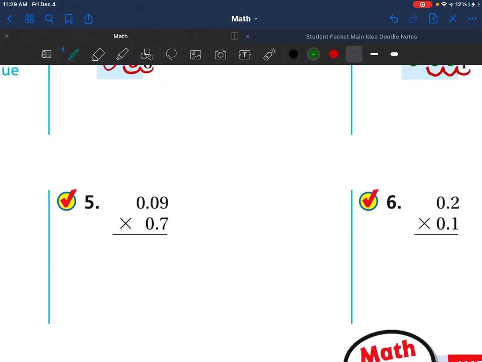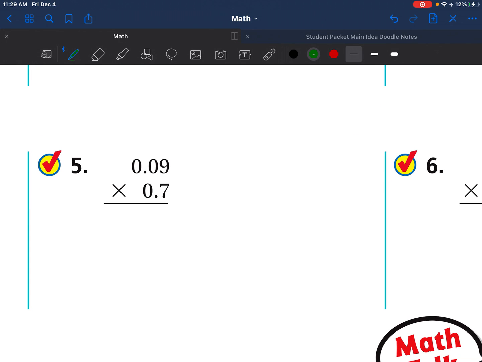I'm just going to do a couple more with you. So here we take 7 times 9, so that is 63. And I have 1, 2, 3 decimal places.